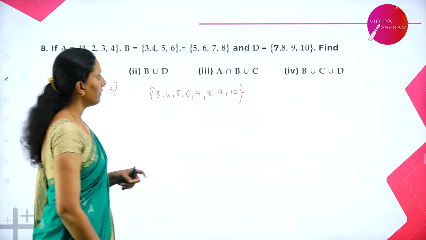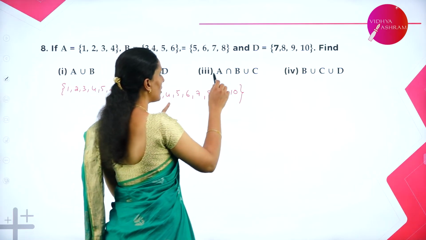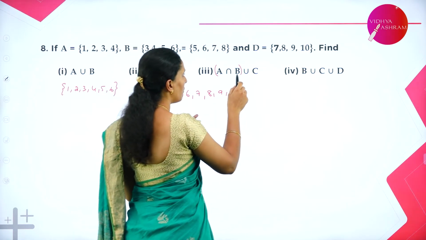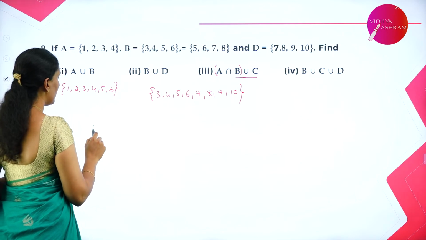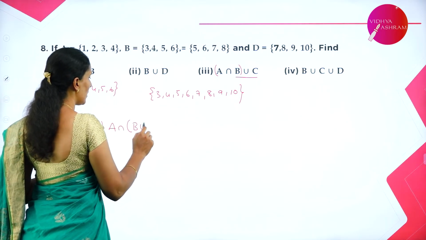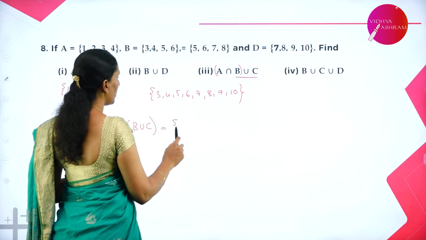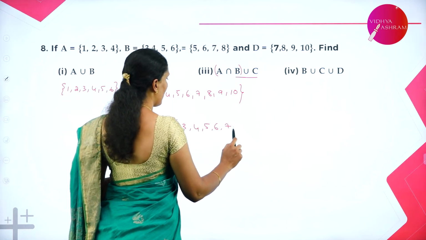Next I have A intersection B union C. Either I should perform A intersection B first, or I need to perform B union C first. So let's take the third one, A intersection B union C. First let me perform B union C. B union C is 3, 4, 5, 6, 7, 8.